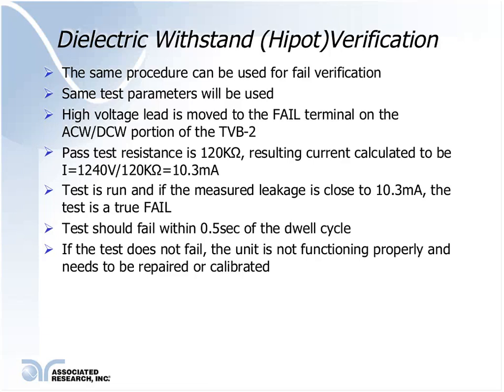Remember, we set our dwell time to 1 second. So according to agency regulations, the test should fail within 0.5 second of the dwell cycle. If the test does not fail, then the unit is not properly reading leakage current, and should be repaired or calibrated.